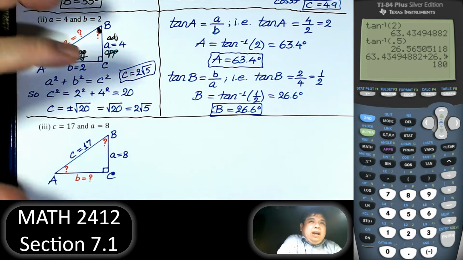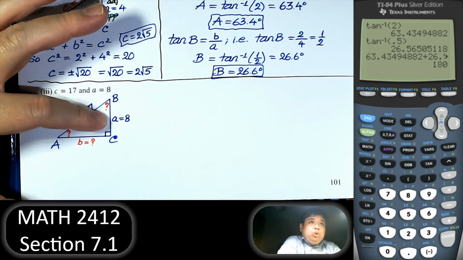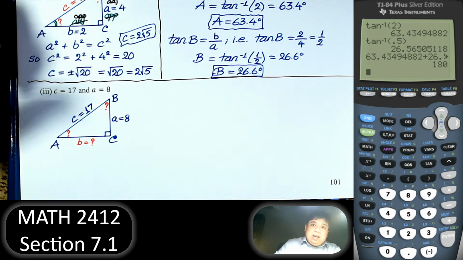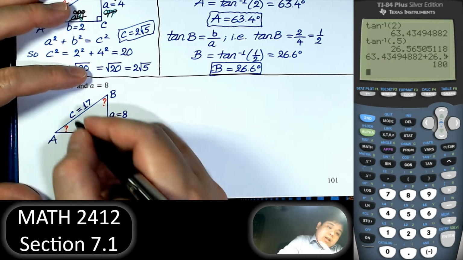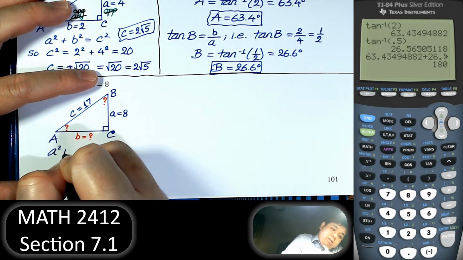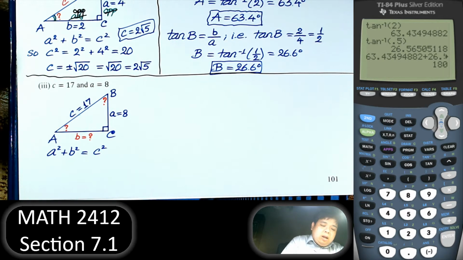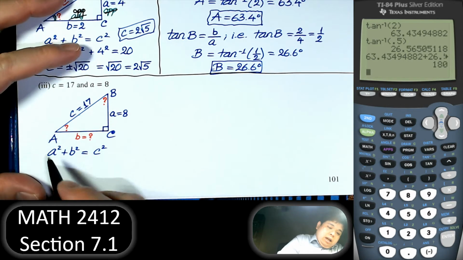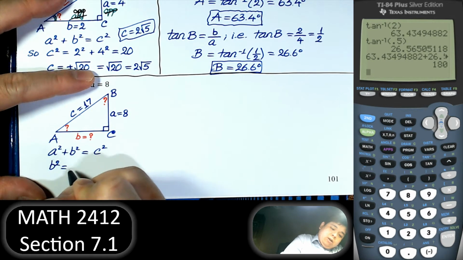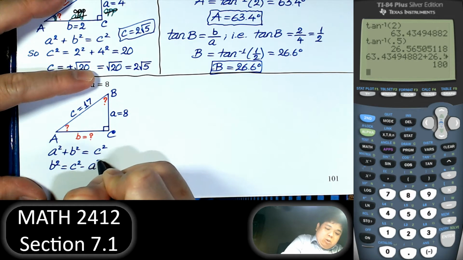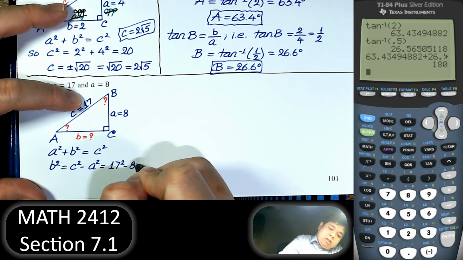Right. Now, first thing we can see here, of course, is the Pythagorean Theorem. Since we know 2 sides, for a right triangle, if we know 2 sides, we should know the last one. So a square plus b square equal to c square. Now we solve for b, so b square is equal to c square minus a square. c square, 17 square minus a square.